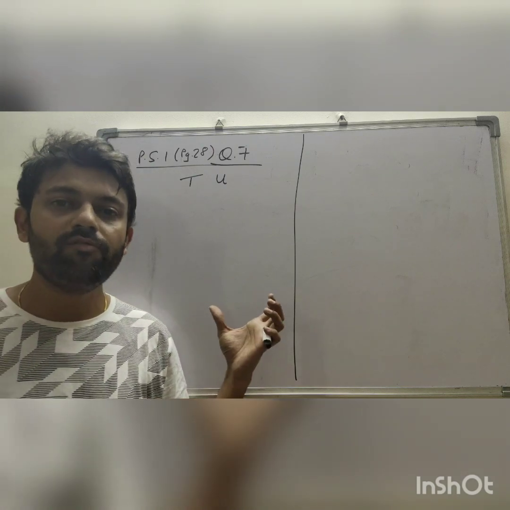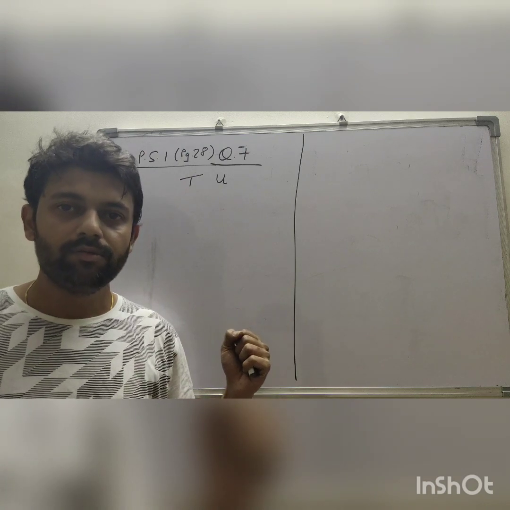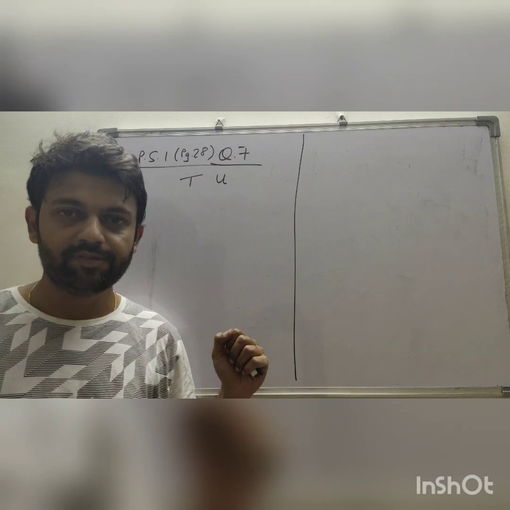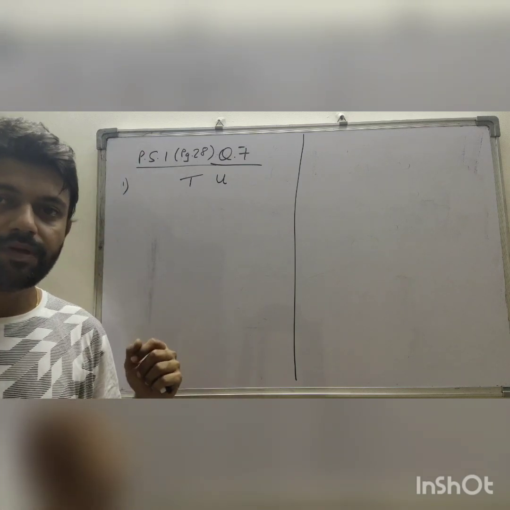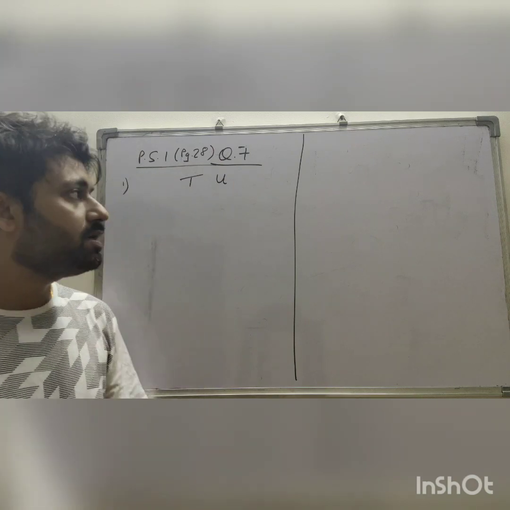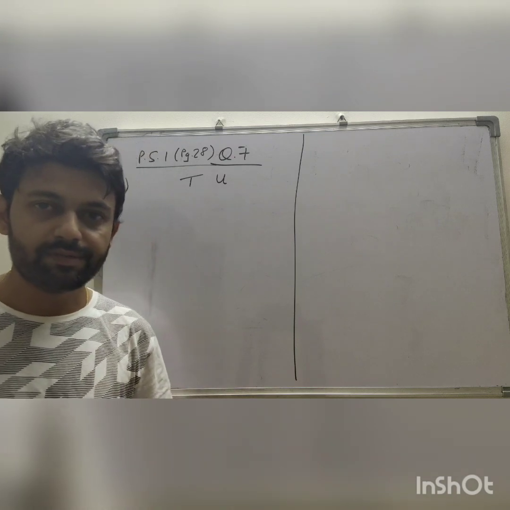We are going to solve those 6 word problems which are based on simultaneous linear equations involving 2 variables. The first sum, if you read from your textbook page number 28, is a sum about a 2-digit number.